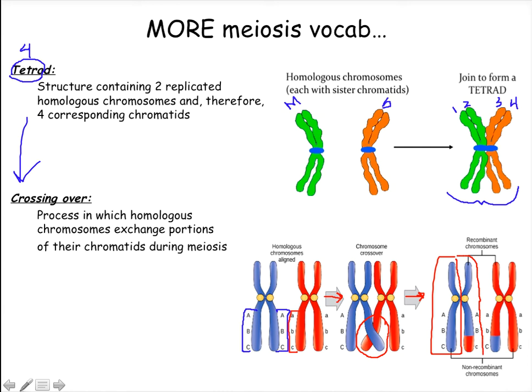It's got capital A, capital B, and then lowercase c. And this one, because of the crossing over event, has lowercase a, lowercase b like it had before, but now it's got an uppercase C allele that it got from the other chromatid. And then this last one has all its original alleles. So the point of this crossing over event is, hopefully you can tell by what we just did, you get 4 unique chromatids.